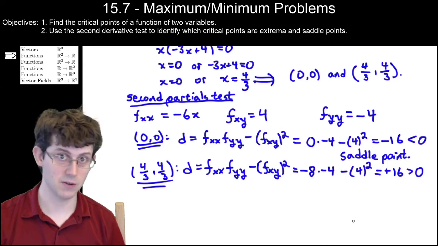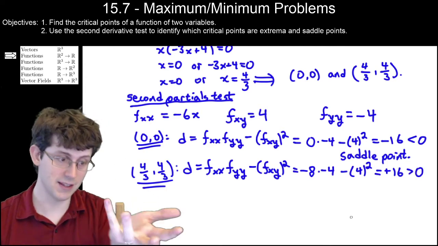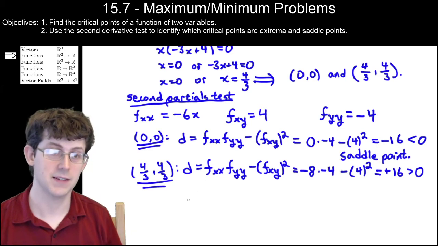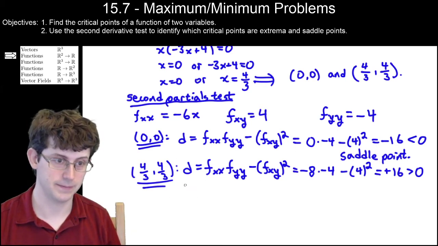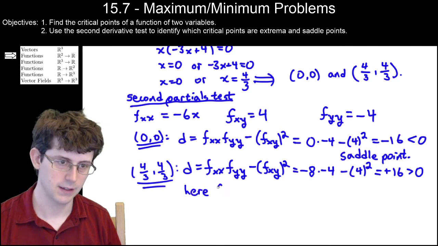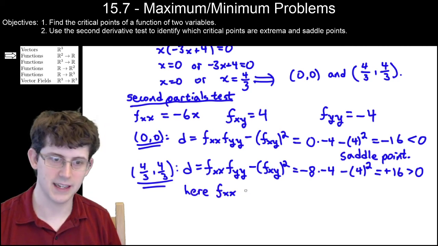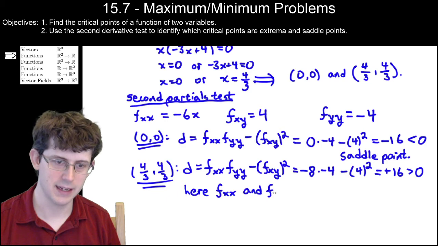That's greater than 0, which means it's either a minimum or a maximum. To find out which one it is, you look at fxx and fyy. Here, fxx and fyy are less than 0.